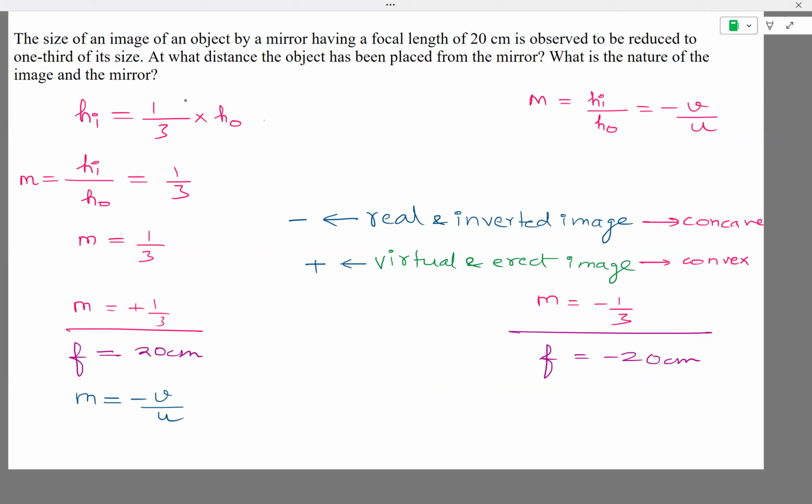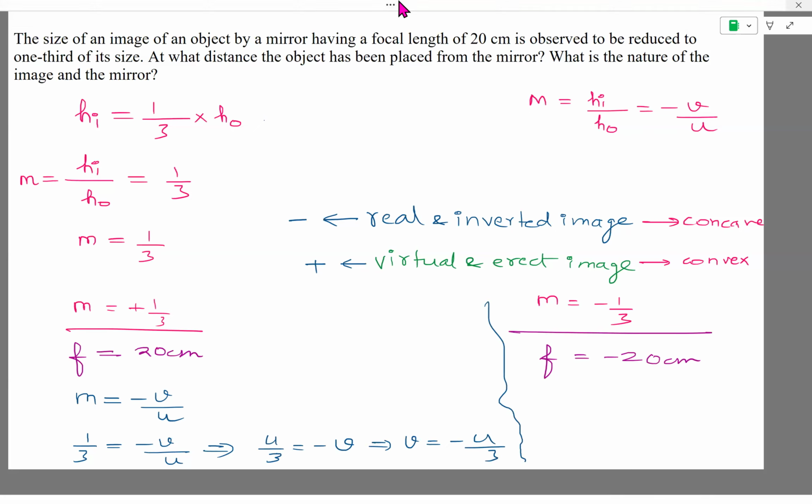So we'll just write 1 by 3 and minus V by U. From here, you just cross multiply. So you will get U by 3 is equal to minus V. Okay. U by 3 is equal to minus V. And then you multiply throughout by minus, you'll get what? V is equal to minus U by 3. Yes or no?